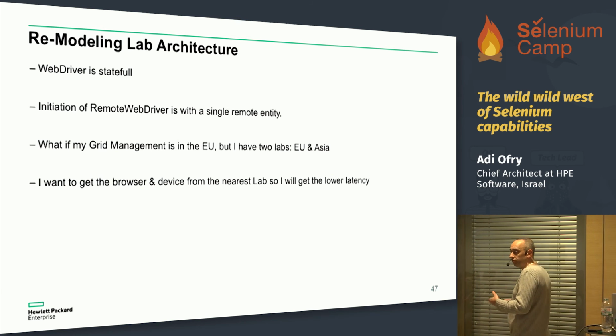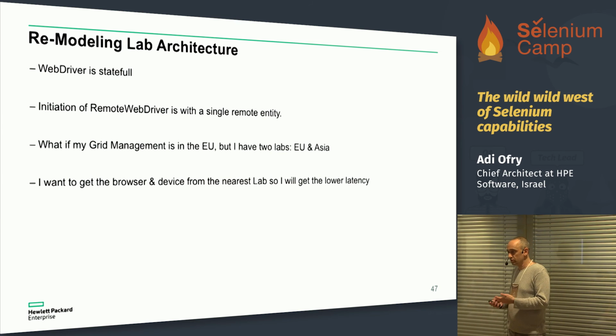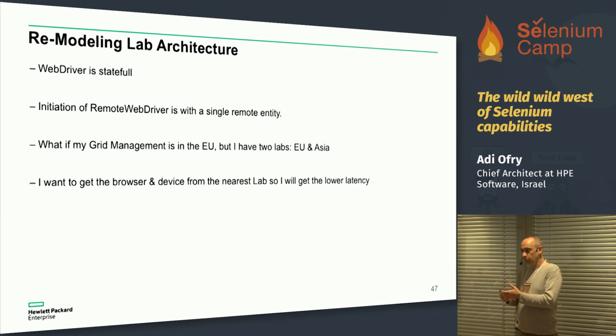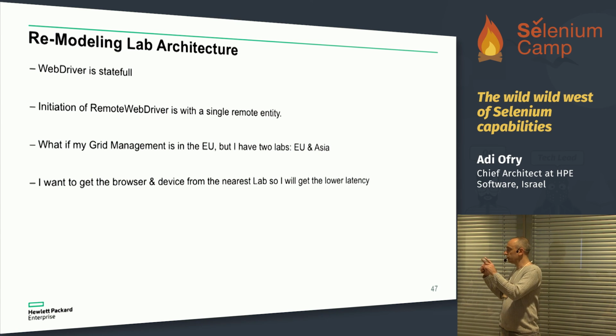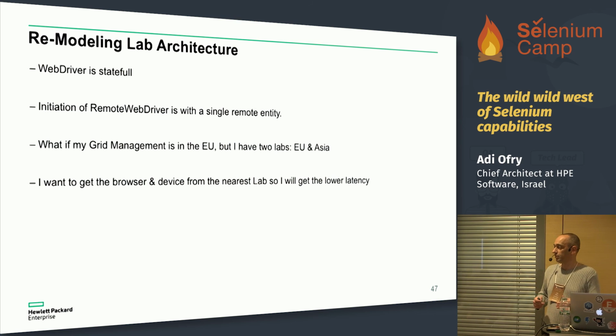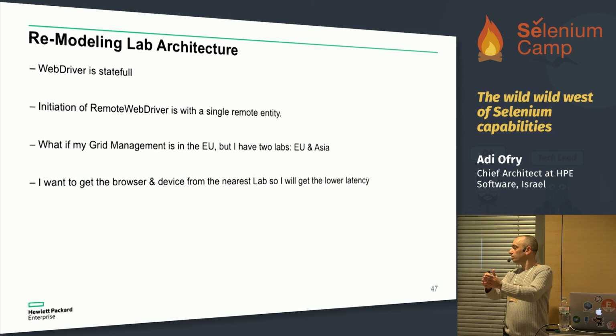If he can't find a specific model that he needs or the specific capabilities, it will go to the further lab, because he wants the shorter latency. He wants to get something closer and wants to work with the VNC with a device that is closer. And it's very limiting that WebDriver is stateful. It goes always to the same place.